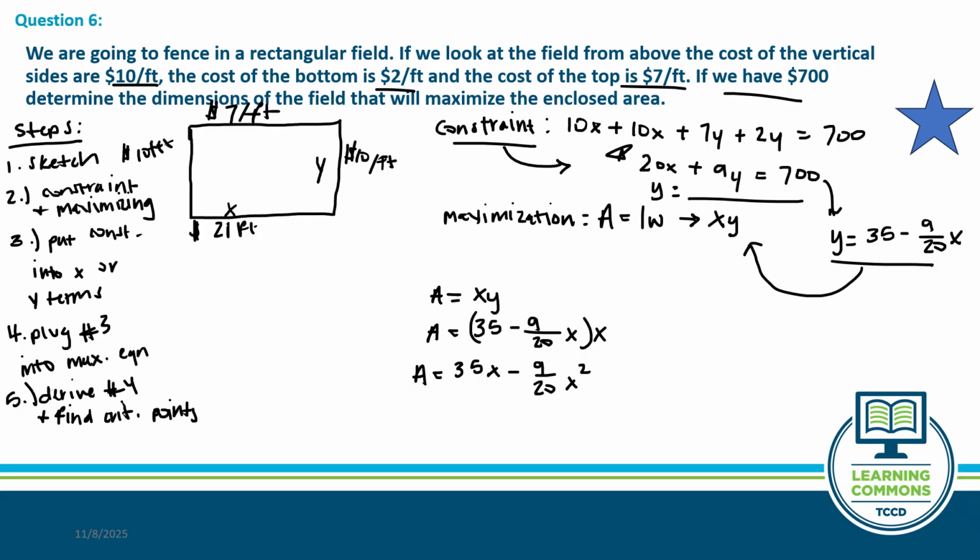So therefore, the derivative of a, and then I'm going to set that equal to 0. My x value is going to end up being 350 over 9, okay?